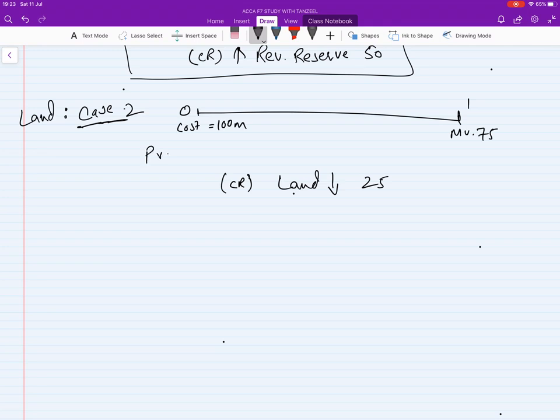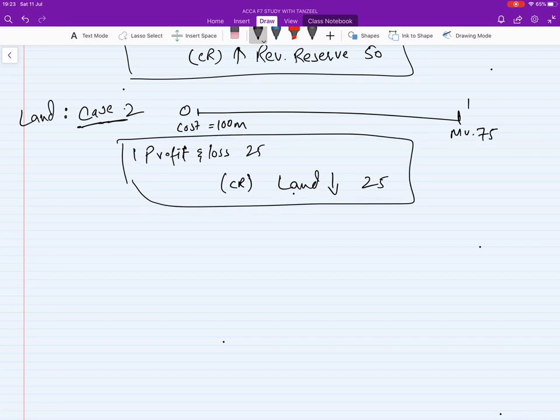So debit profit and loss. Take this to profit and loss. It means expense increases, and debit means expenses are increasing. That is why we debit it, and we credit the land because the asset is decreased.